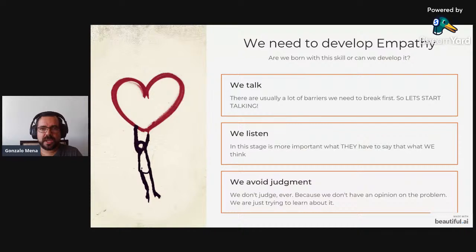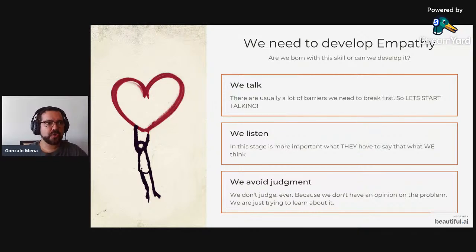Just pay attention and be gentle with what they express, with their feelings, with the secrets that they're revealing to you. Just think that this person is one of your best friends that is sharing a very delicate, sensitive family situation.